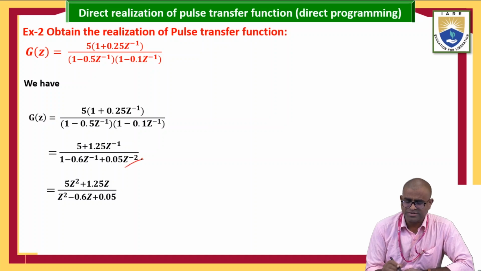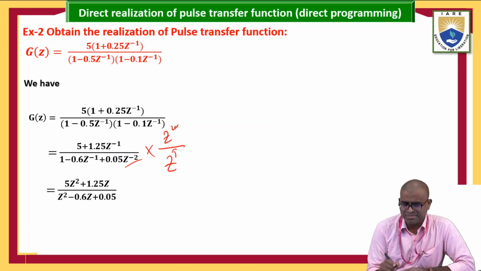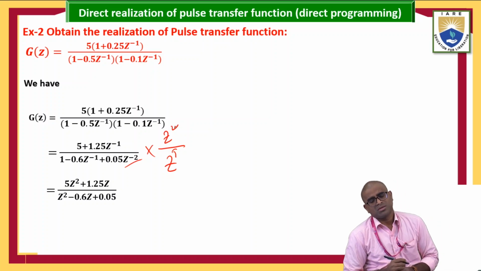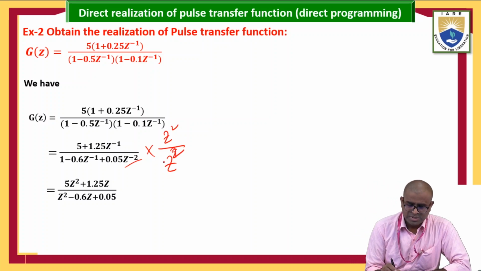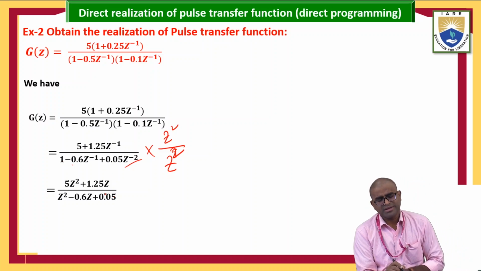Here z power of minus 1, minus 2 will be there. So multiply with z square, divide and multiply. Okay, so what happened? z square minus 0.6 z plus 0.05 in the denominator, and numerator 5z square plus 1.25 z.